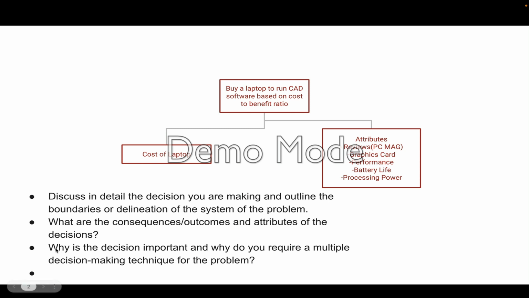And this is an important decision because computers are very expensive, and this is a big decision when it comes to doing your work and schoolwork. You need the right computer to run these programs so that you're not held up on things like that.